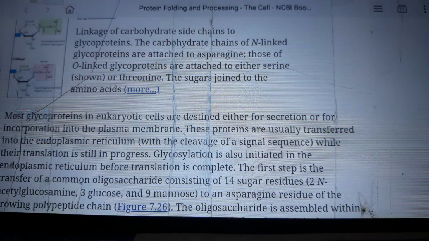The linkage of carbohydrate side chains to glycoproteins is shown in the figure. The carbohydrate chains of N-linked glycoproteins are attached to asparagine. Those of O-linked glycoproteins are attached to either serine or threonine.